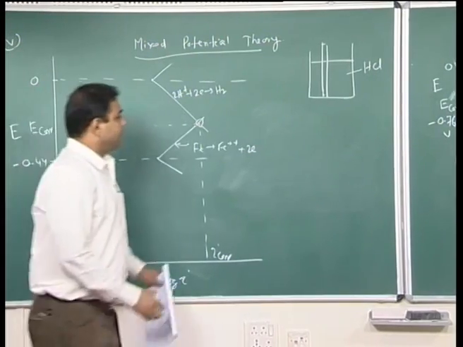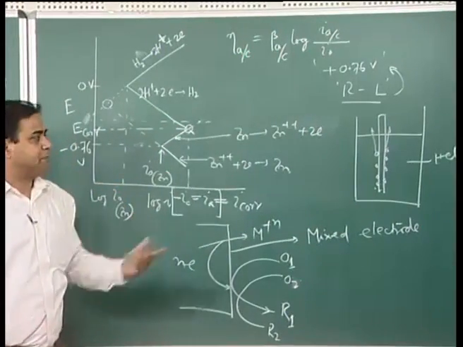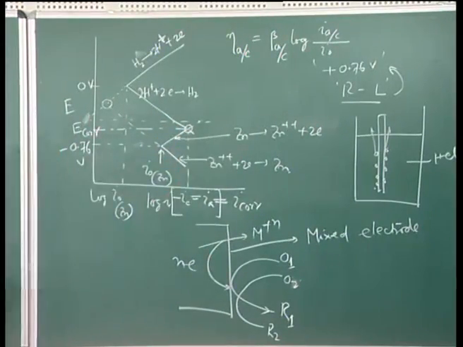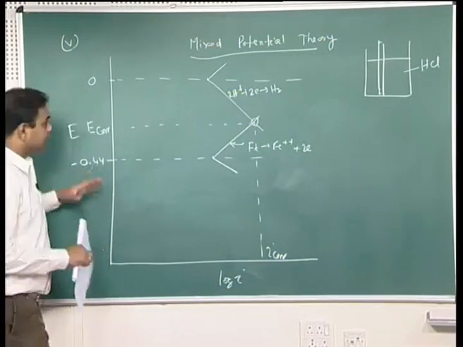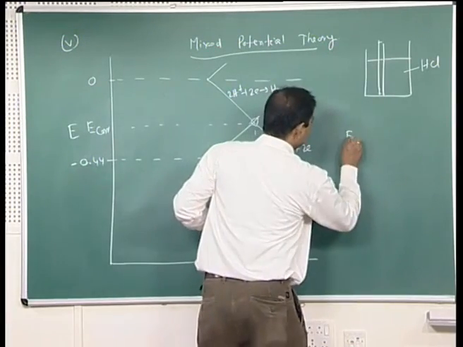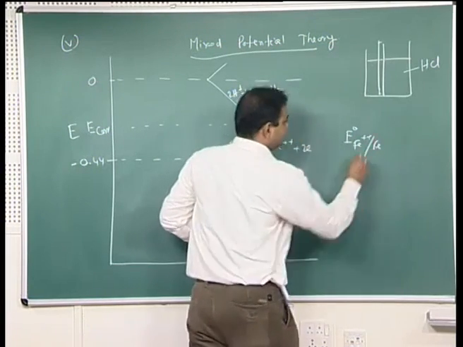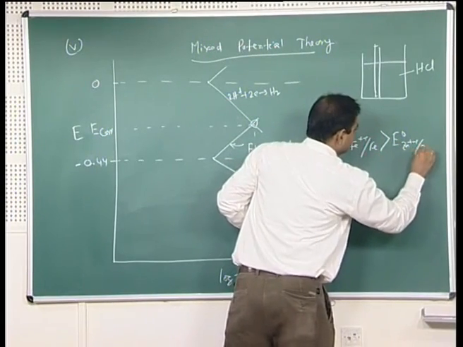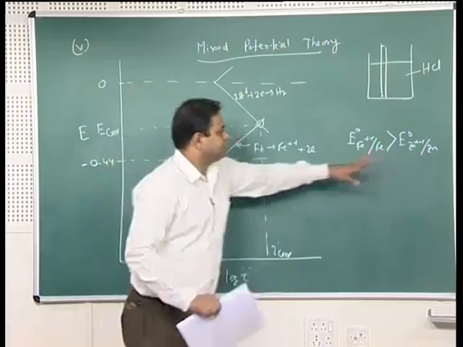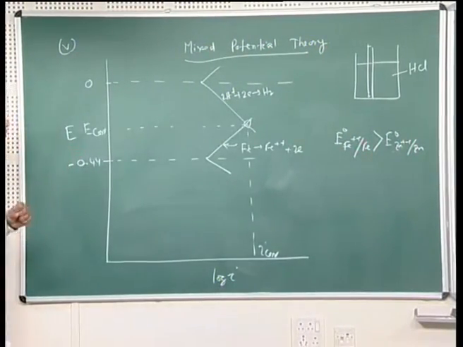Now, similarly, if you see HCl and one zinc is dipped into it separately, you see the corrosion rate is this. Now, I know that, if you see the potential, E0 of iron plus iron is greater than E0 zinc plus zinc, because here it is minus 0.76 volt and here it is minus 0.44 volt.